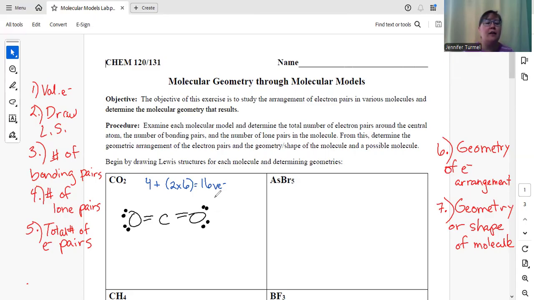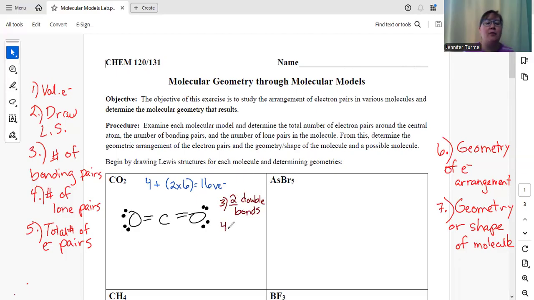What we have here is, you'll notice that number 3 says our number of bonding pairs. Okay, so this is tricky. These are double bonds, but double bonds only count as a single site, just like single bonds do. So you could say that we have 2 double bonds, and in that case, that's going to count for our number of bonding pairs. It's still going to be 2.